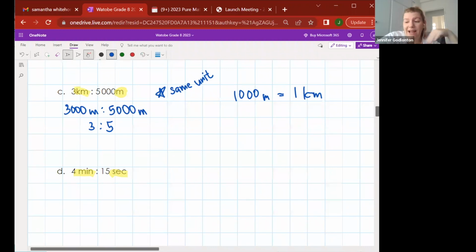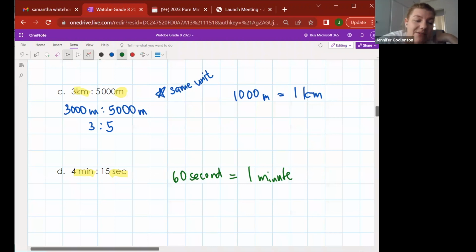We can simplify it though. We can make that simpler. So basically some of the answers that are coming in so far, there are 60 seconds in 1 minute. Okay, which means that if there were 4 minutes, that's going to be 240 seconds to 15 seconds.